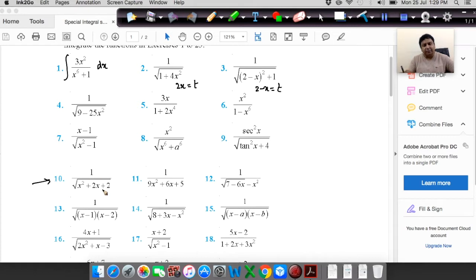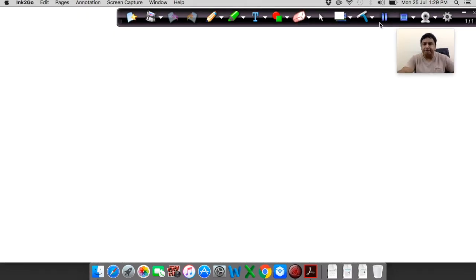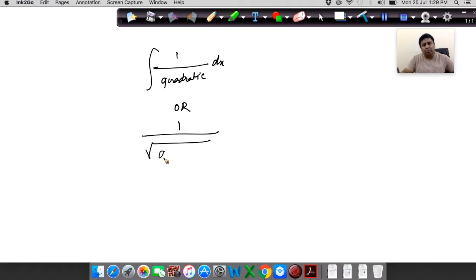This is the beginning of the chapter, you can say. This is 1 upon quadratic or 1 upon root quadratic format.